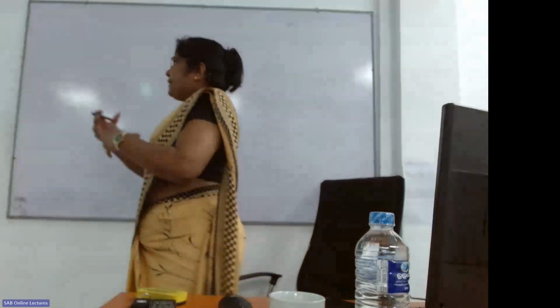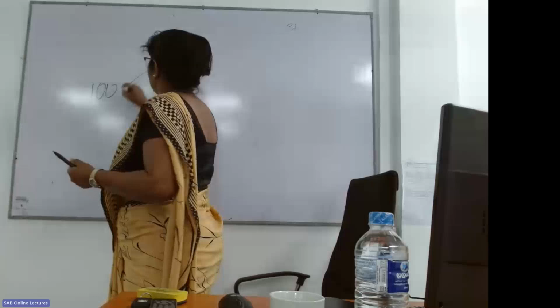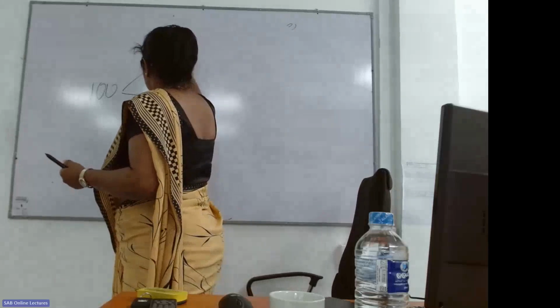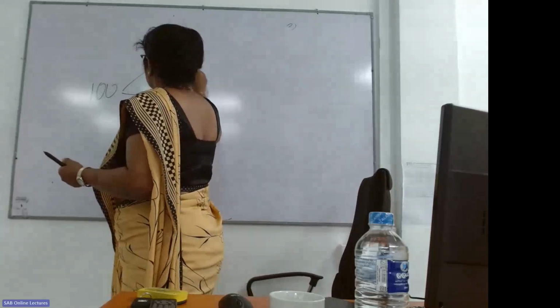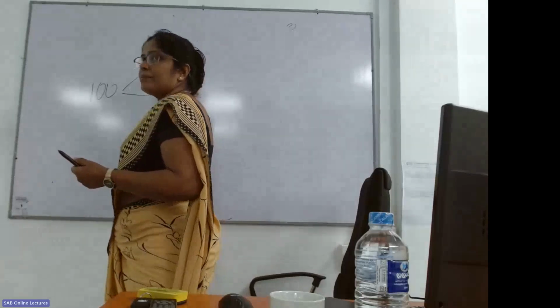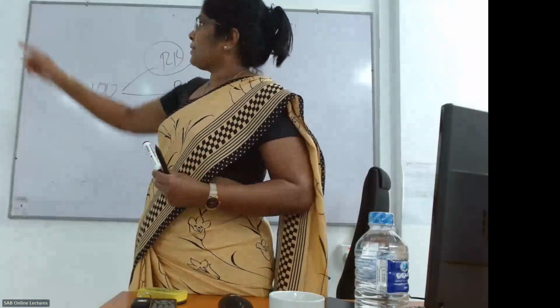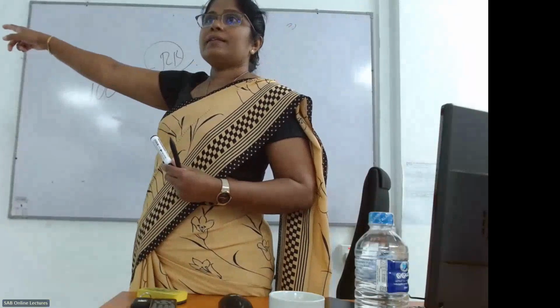Now if you consider this, retained earnings this year divided by earnings this year, what is the ratio? That is the retention ratio, related to payout policy. So retained earnings this year divided by earnings this year is the retention ratio.